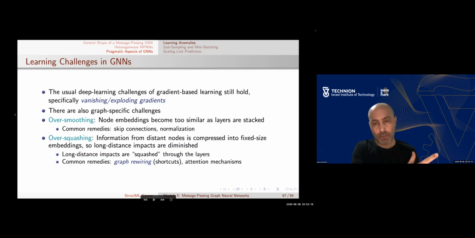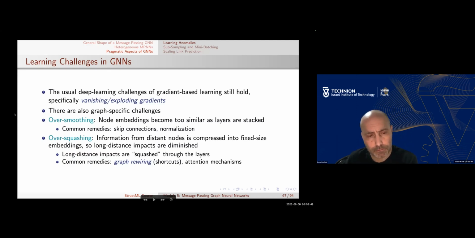However, because we are going through several distances, basically several rounds, in order to incorporate the information in the node, and each includes its aggregation, these long distance impacts are essentially diminished. And we say that they are squashed through the layers.